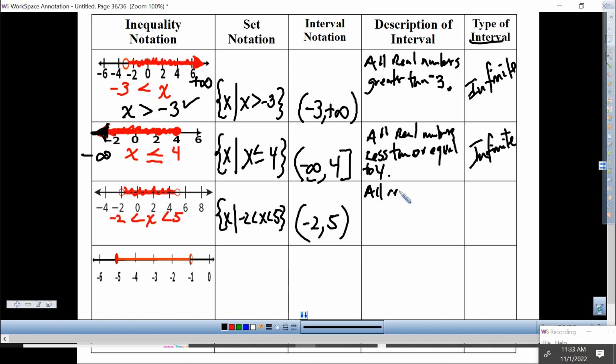All real numbers between -2 and 5. Question, does that interval go to infinity? No, it stops right there, so that's why this is finite.